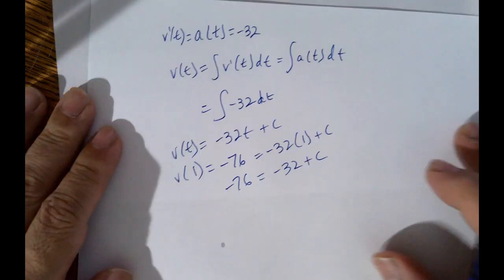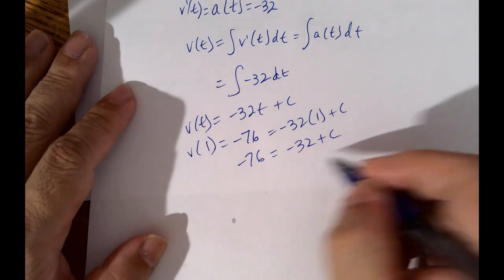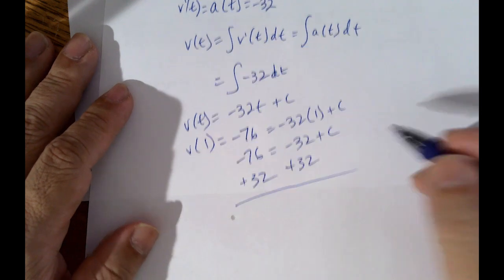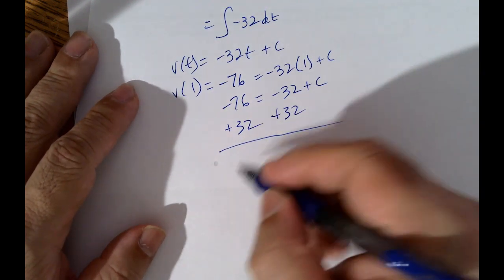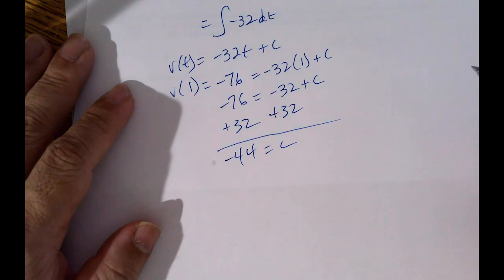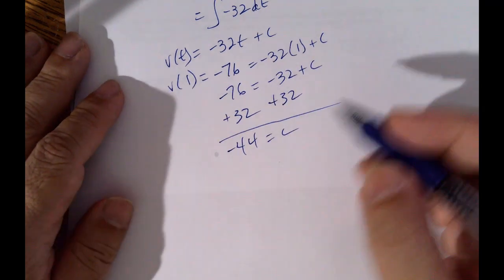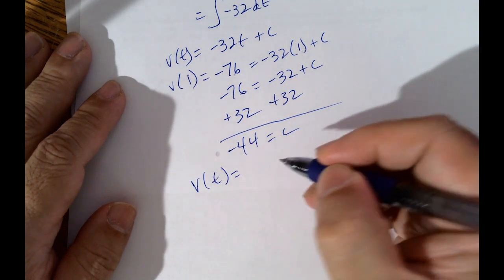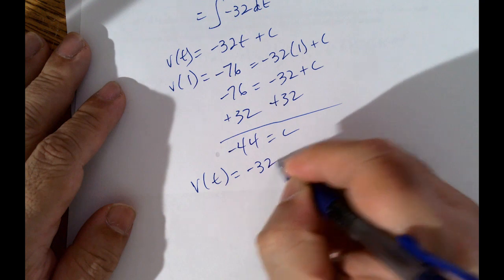To continue, you add 32 to both sides. I know that's unusual for me to show my work there. But whatever. So that means c is negative 44. So that means v of t equals negative 32t minus 44.